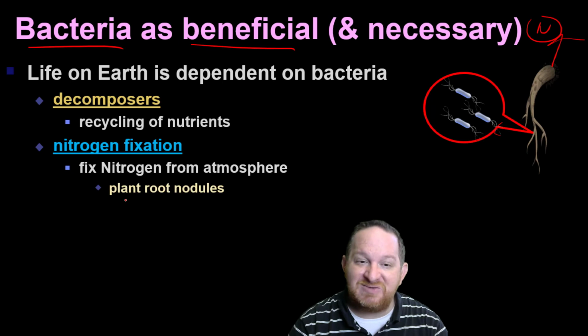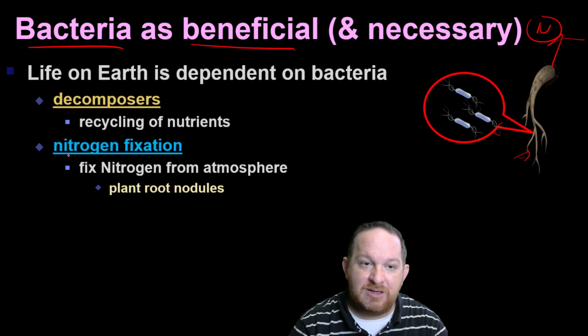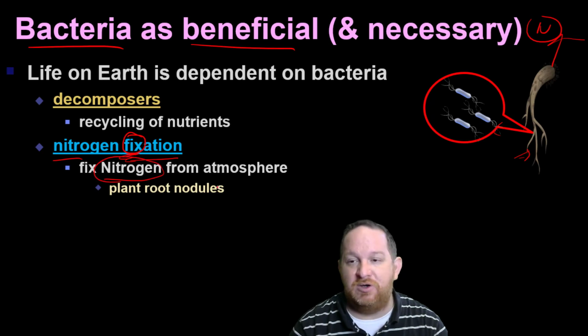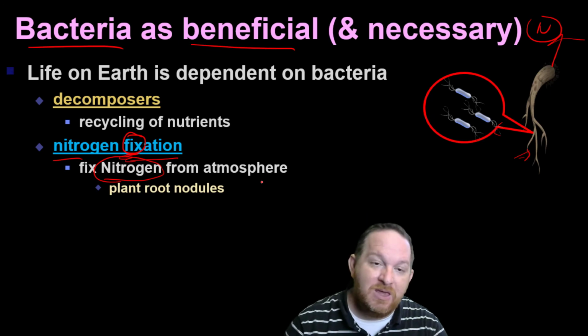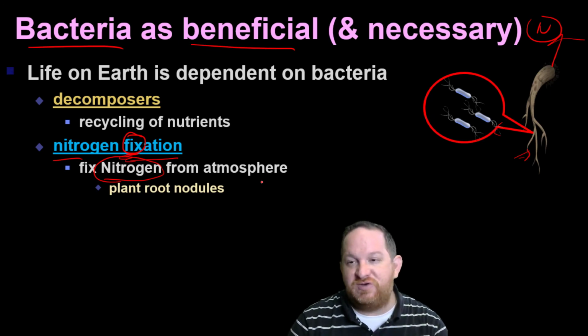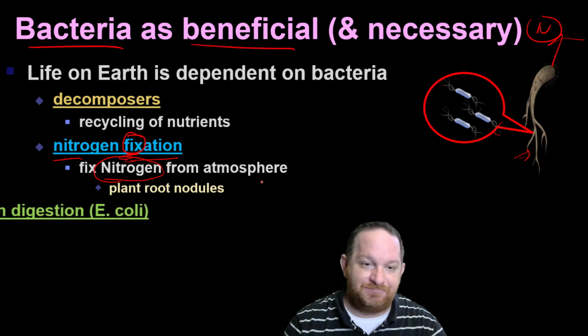So what plants do is they have these bacteria on their roots, nitrogen-fixing bacteria, that literally fix the nitrogen from the atmosphere so that the plant can use the nitrogen to grow. These nitrogen-fixing bacteria are often found on root nodules, and they are very important for nitrogen fixation.